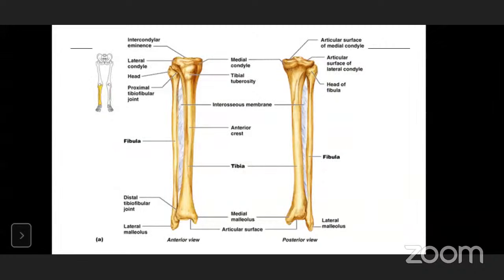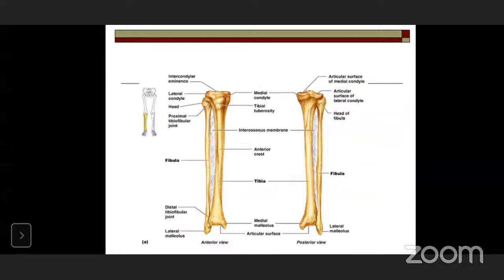The fibula is a vestigial bone, and its head has no role in the formation of the knee joint. But in the lower part, the lateral malleolus contributes to the formation of the ankle mortise, which is important.